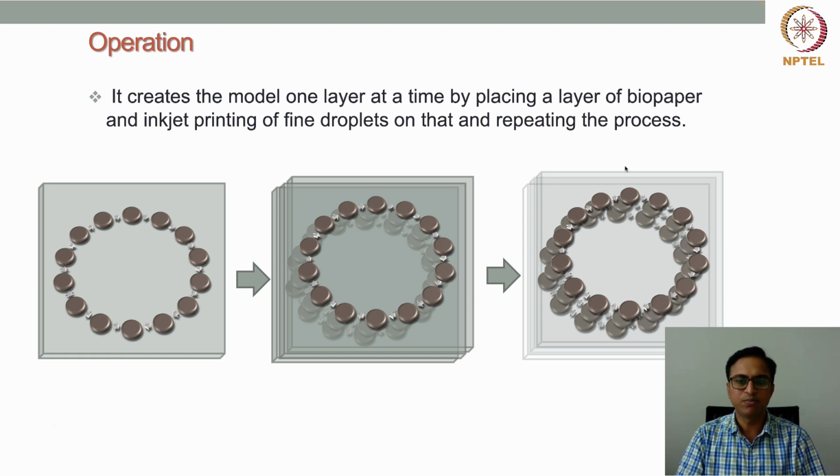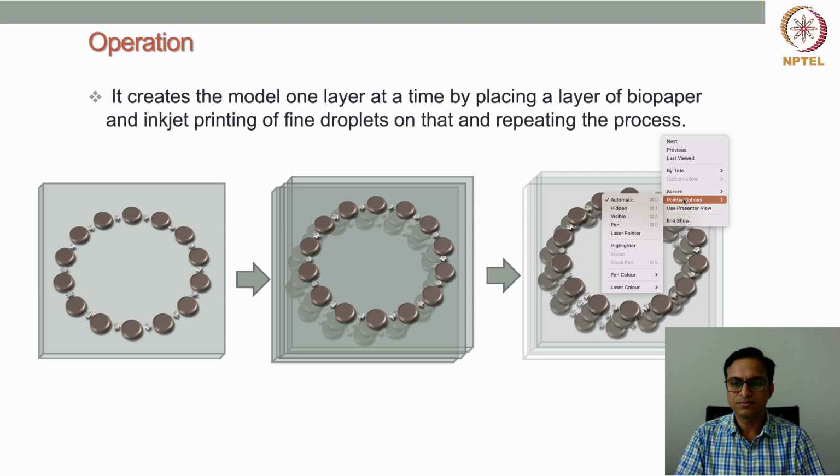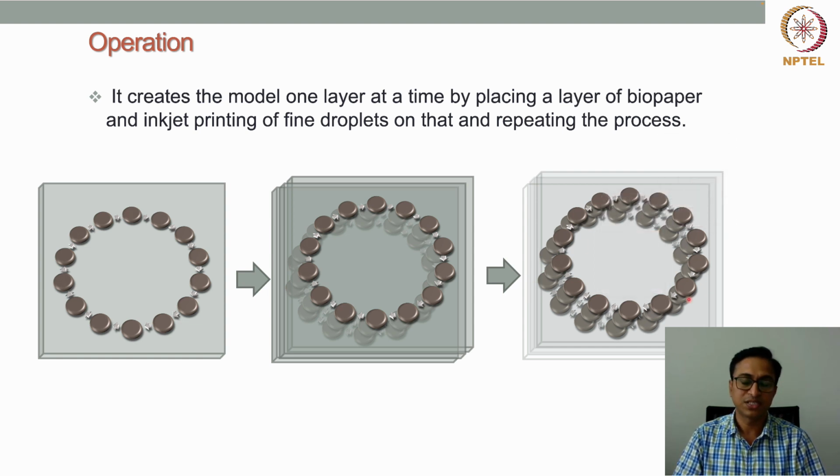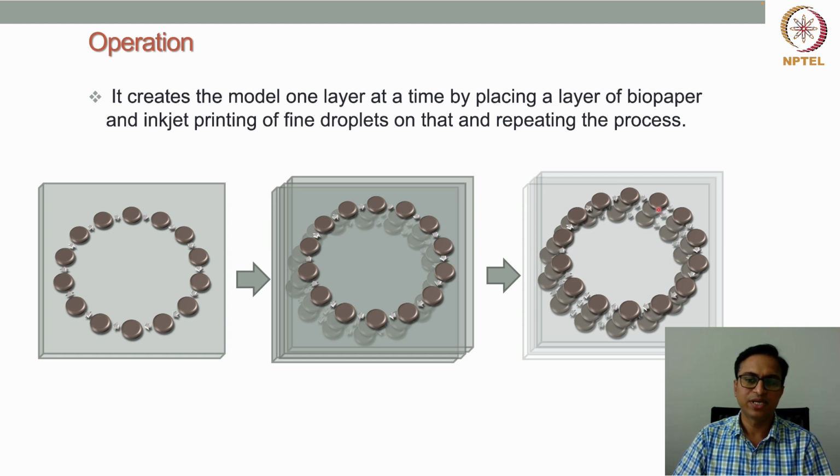So the biopaper will be dissolved here, but the cells printed here in a particular design or pattern will fuse with each other, and then they will create the tissue. So with inkjet 3D bioprinting, this is how a three-dimensional tissue structure can be fabricated.